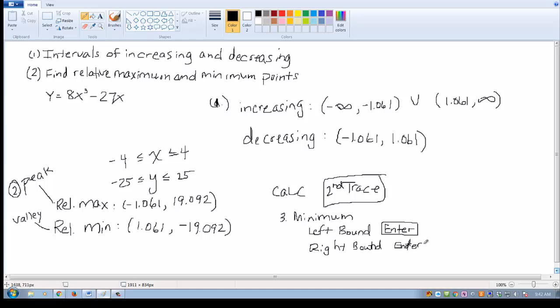And then you're going to put it on the actual minimum and do your best to get that. Enter. And from here, you should be finding this point, 1.061, -19.092.